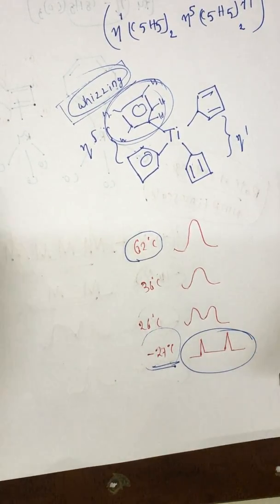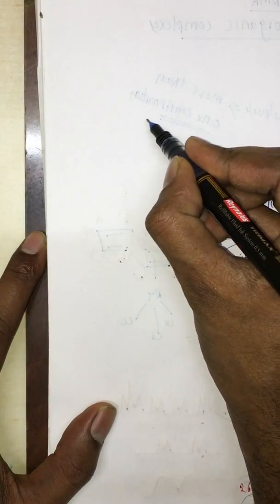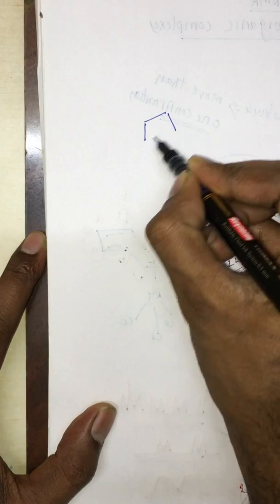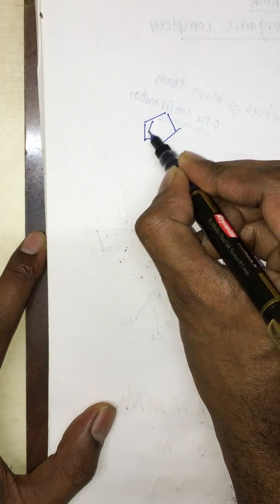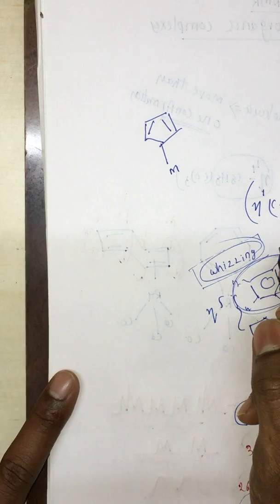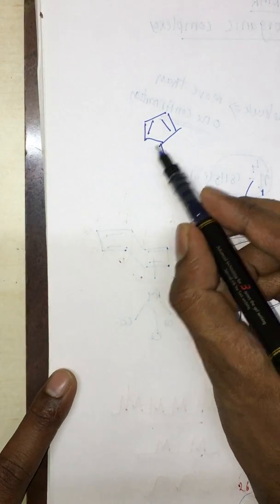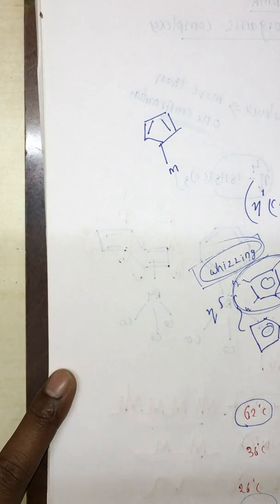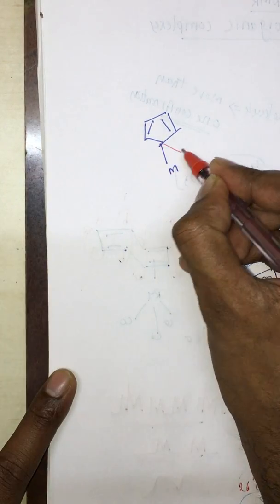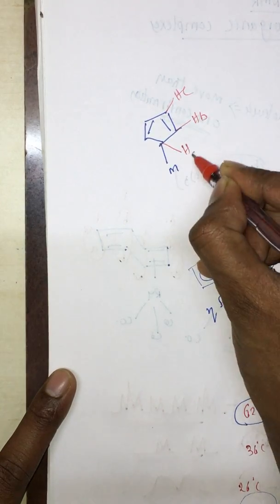And similarly, we have this. So here we have cyclopentadiene, which is attached to the metal. So here we have three different sets of proton, Ha, Hb, and Hc.